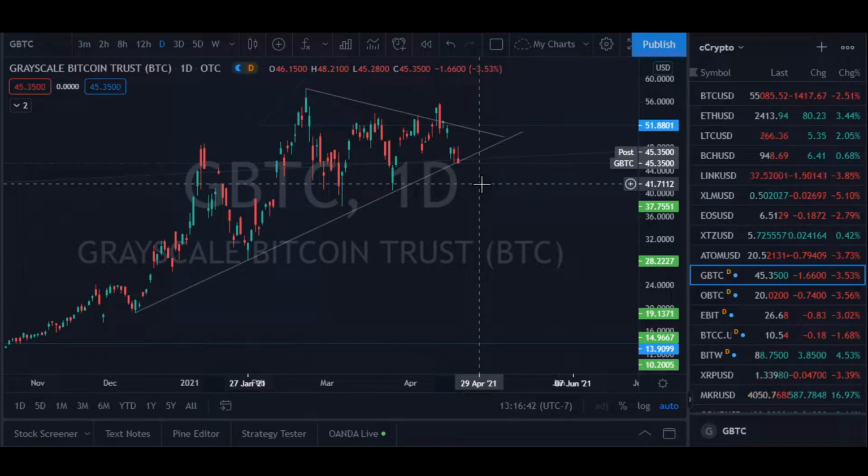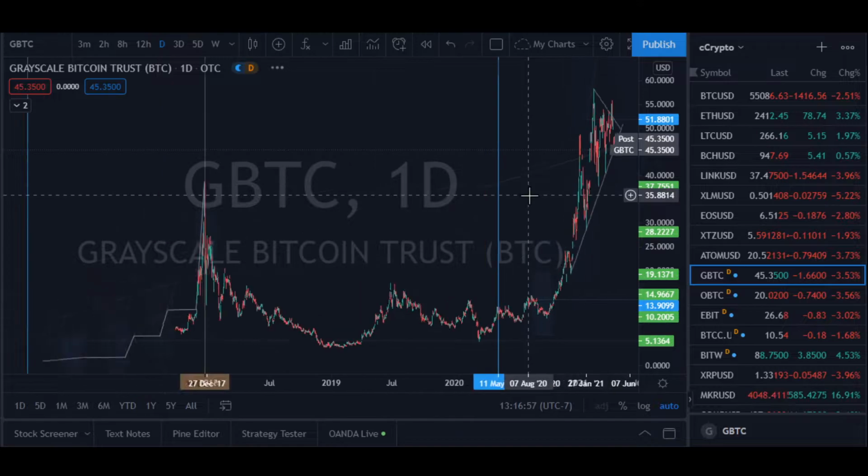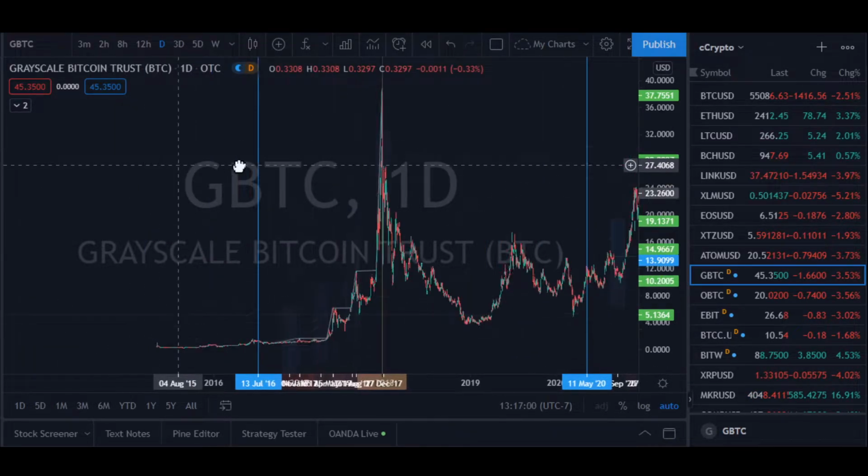If you go into my recent videos, you'll find that I actually have another video on GBTC and its price action, but I'll take a minute to review the way that GBTC's price action works based on the previous cycle.